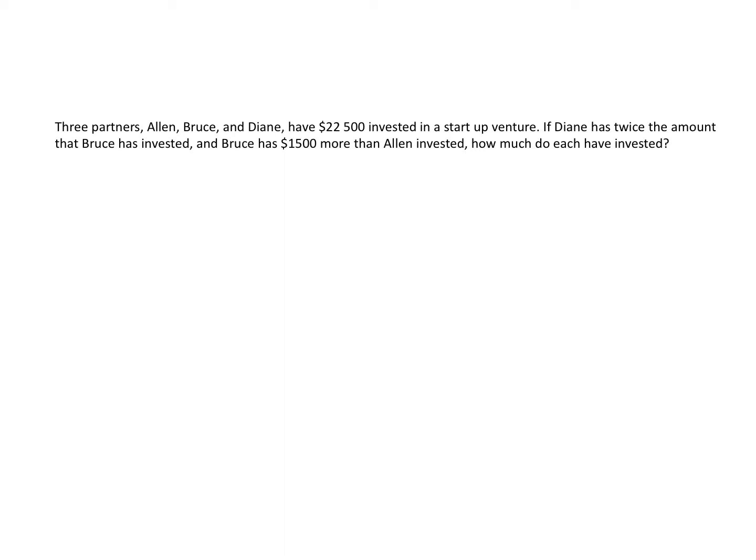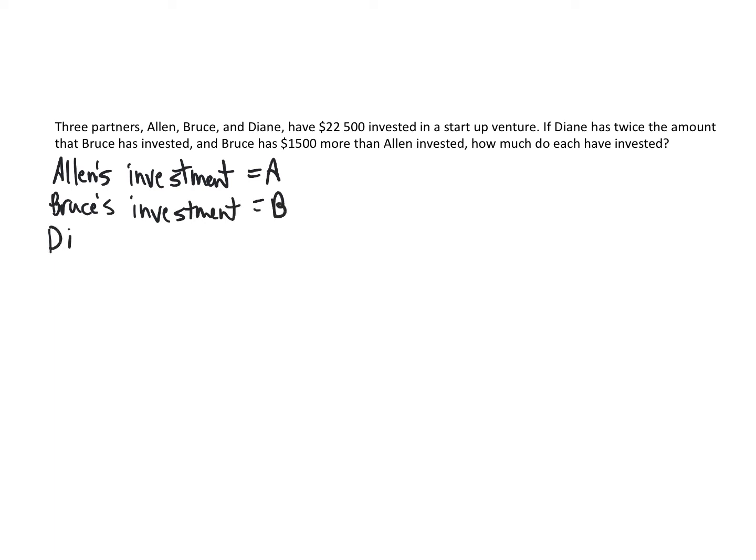Now here we have a little bit more complicated of a word problem. This is a business application here. Now, we can start by going Alan's investment is A. Bruce's investment is B. And Diane's investment is D. Now, if we read the question, it says Diane invested twice as much as Bruce.